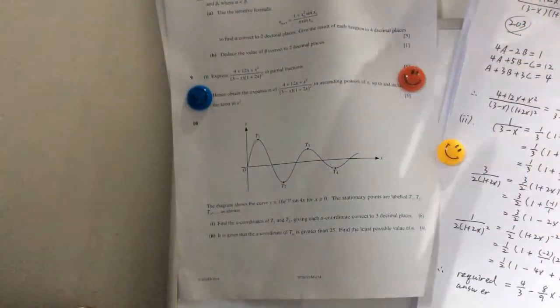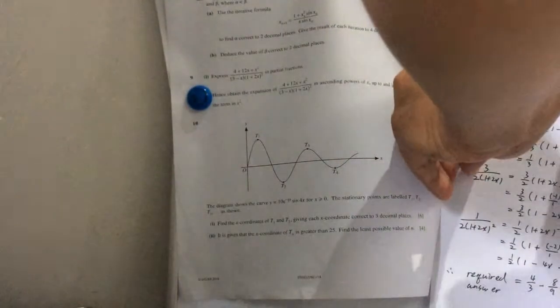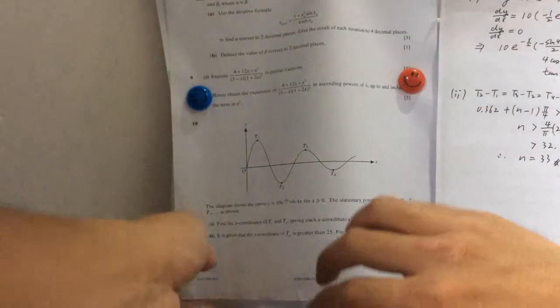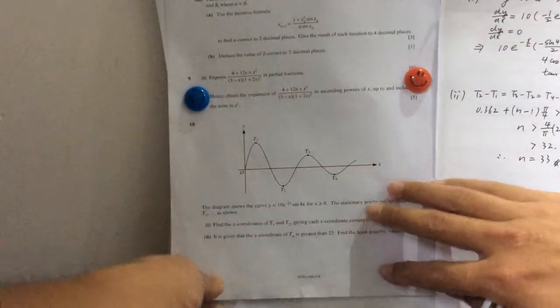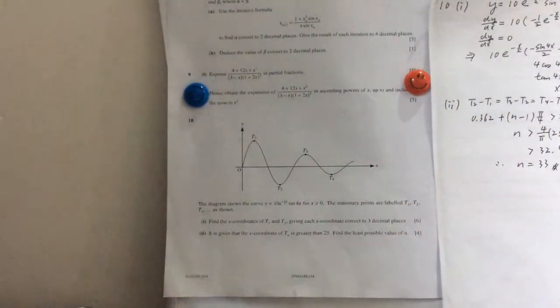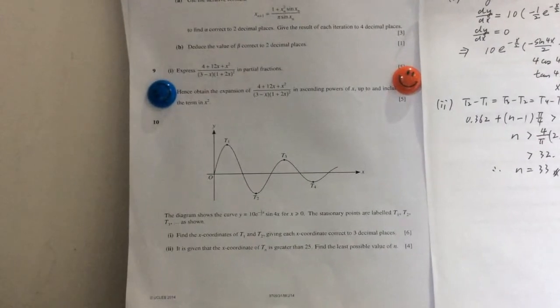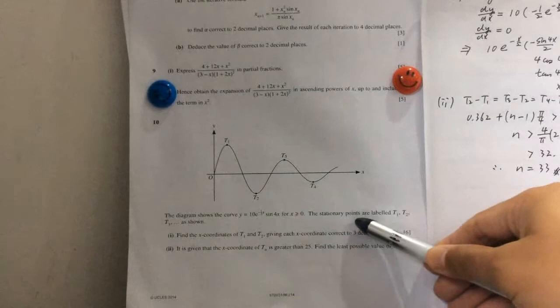The diagram shows the curve, stationary points. Stationary points means f prime x equals 0. For those points which satisfy this relation, f prime x equals 0, we call it stationary points.